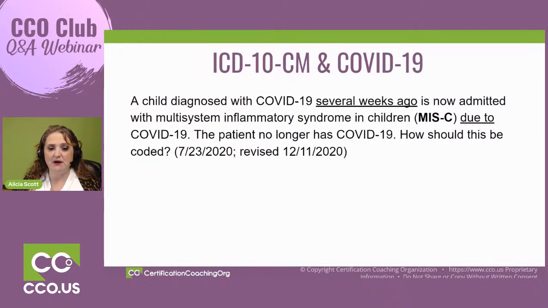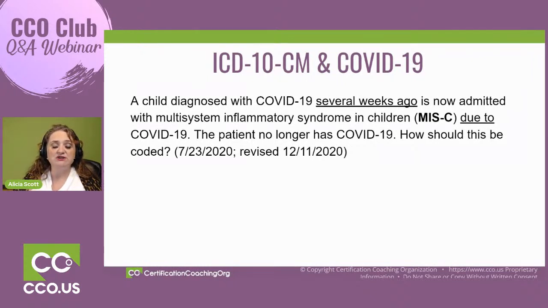So another question that came up was, okay, we have a child, they had COVID several weeks ago. It could even be like last month, and they get admitted for MIS-C because the C is for child, and that MIS is directly related, the provider documented it's due to the COVID-19, but they don't have COVID-19 anymore, but they have developed MIS.